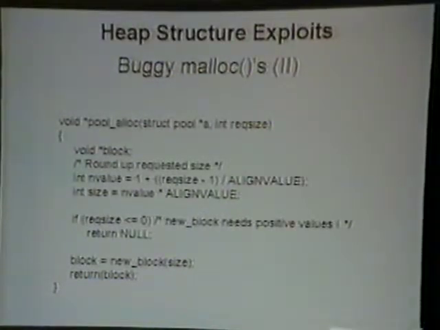The logic bug is basically that they check size, check rec size, but use size. What happens here is they round the request size up to the next align value. And rec size is an int, a signed int. And signed ints become negative as soon as the highest bit is being set.